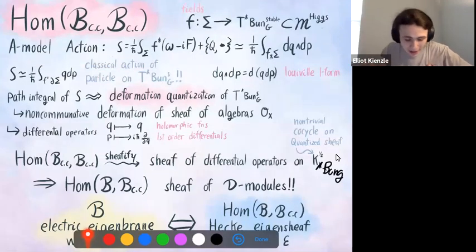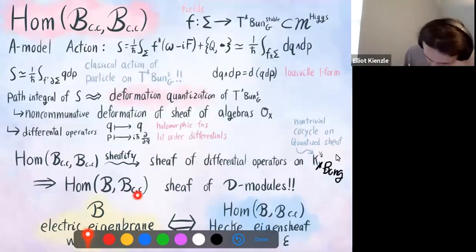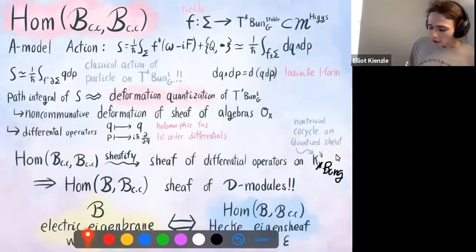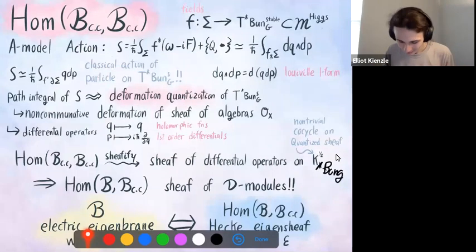But the point of all this is that basically you can easily transfer from these differential operators on this line bundle to just normal D modules, right? So homomorphisms from B to the canonical coisotropic brane of B are modules of this guy, corresponding to differential operators. So this is the sheaf of D modules, right?